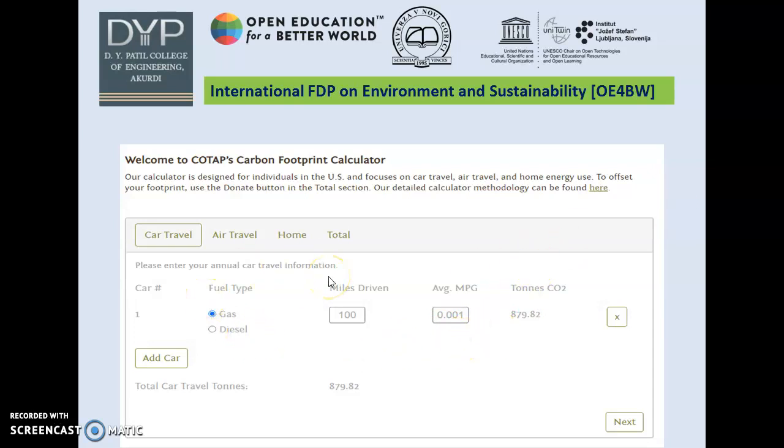Like this, from Google also we can get this calculator. With this we can calculate car travel with different fuels like gas and diesel, air travel calculations, and home calculations. Overall, in a day, in a week, in a month, in a year, we can calculate how much carbon dioxide we are emitting.